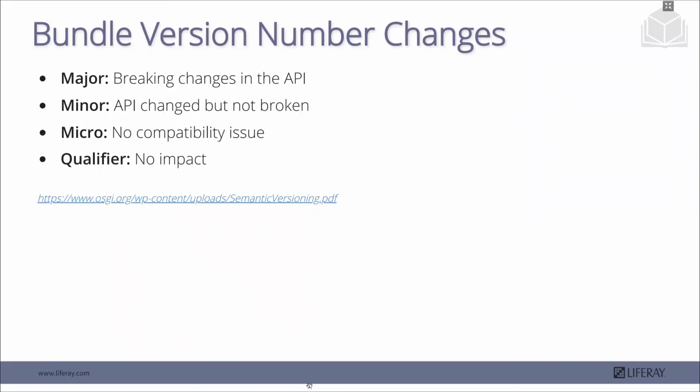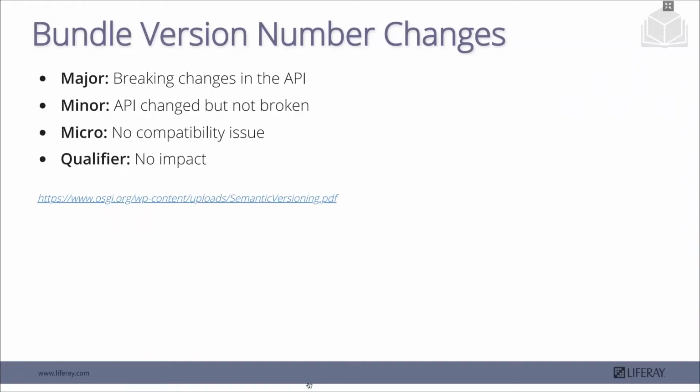We go up from there and then we have micro. Micro is a very small change that doesn't affect the API. So most of the time when we see a change in micro, there's not going to be any sort of compatibility issues. It's very backwards compatible up and down. When we go up to minor, this is when a change in the API can occur.